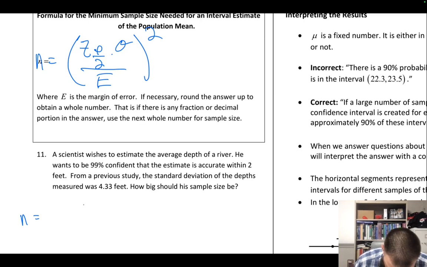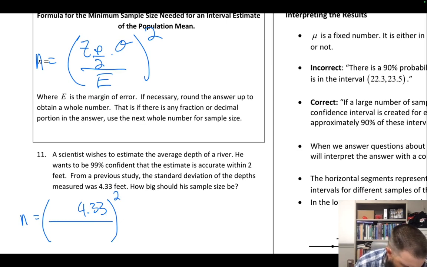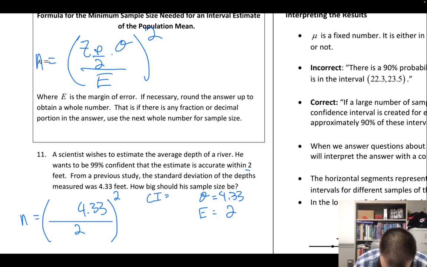Standard deviation is 4.33 squared, wants to be within 2 feet for our error. I'll label these all over here. And then what we don't know is our z alpha 2, but we have our 99, so we can take that.